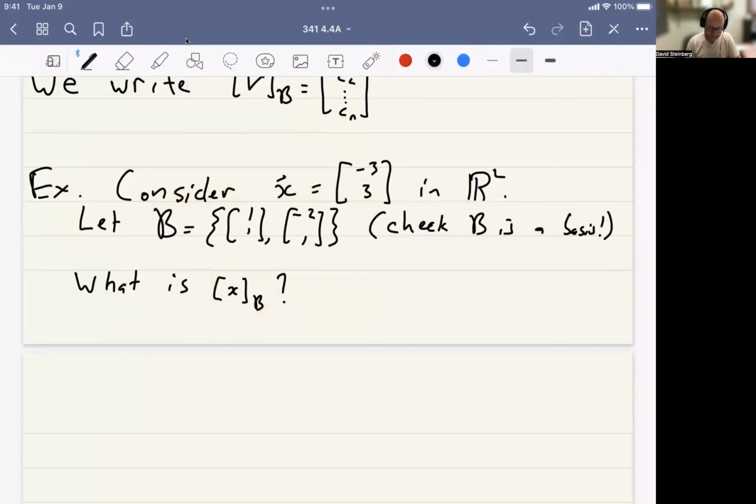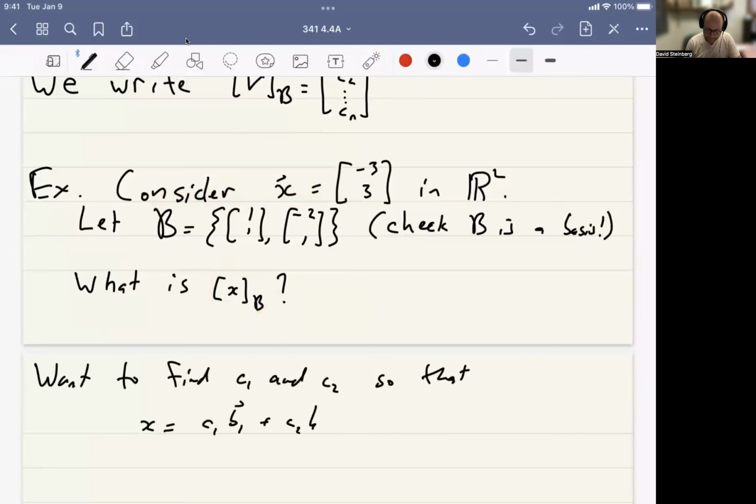So what we want is to find c1 and c2 so that x is equal to c1 b1 plus c2 b2.